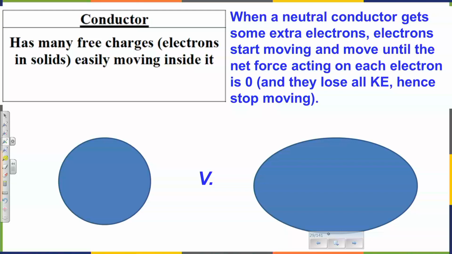What if we have something like a pear? In that situation, actually, we're going to have more electrons here than here. Well, we don't have to prove it, but we need to remember that in addition to electrons repelling, there are other forces acting on those extra electrons.